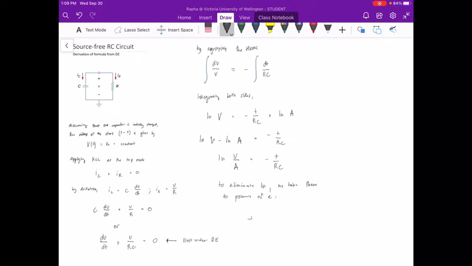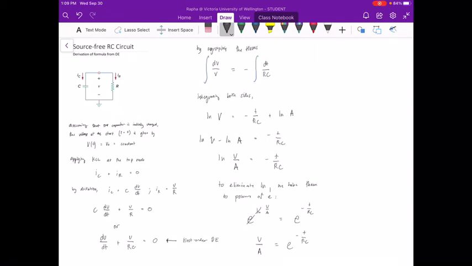So e to the ln of V over A is equal to e to the power of negative t over RC. We can therefore eliminate the ln, and then we have the formula V over A is equal to e to the power of negative t over RC.